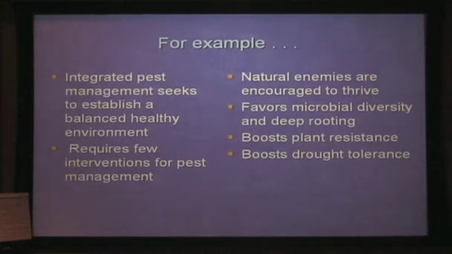Natural enemies are encouraged to thrive, favors microbial diversity and deep rooting of grass, boosts the plant's resistance to disease and insects, and it boosts the drought tolerance. That's a really good key message, and you can build an entire story with that key message.